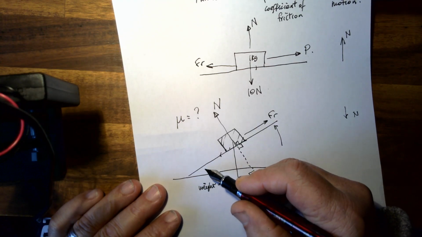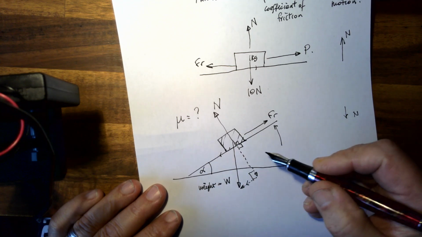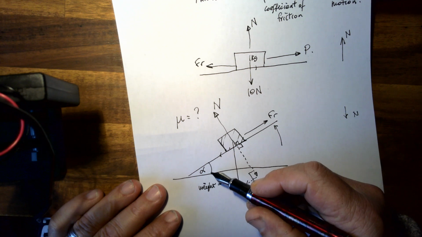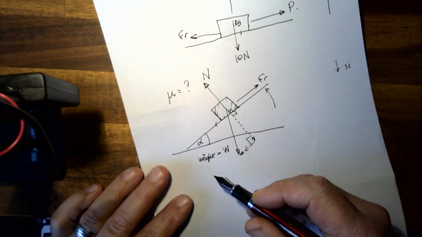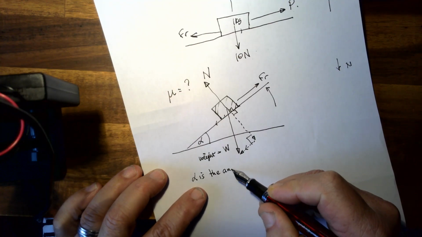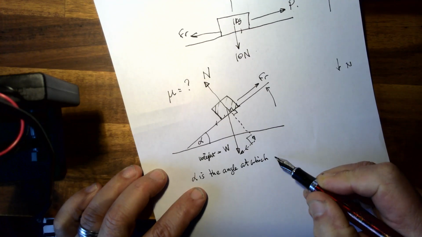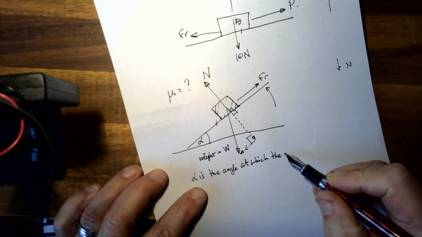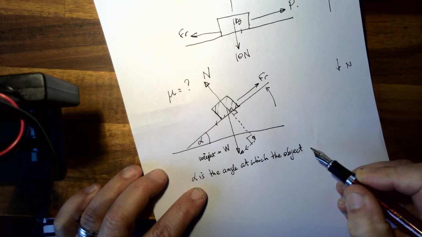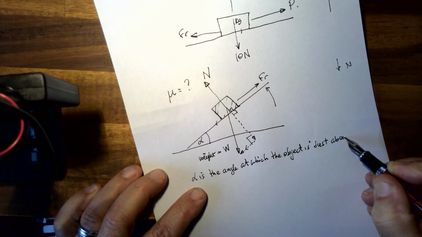If we consider this angle to be alpha, it could be theta or delta, any angle we want, we say that alpha is the angle at which the object is just about to move. The object is just about to slip. So it's not quite slipping, but it's just about to slip.